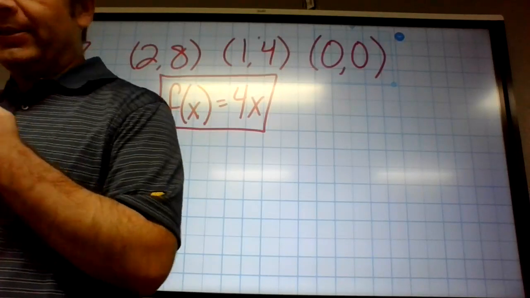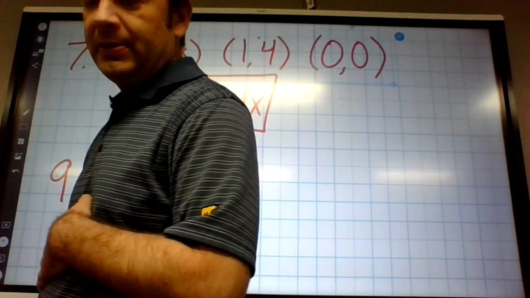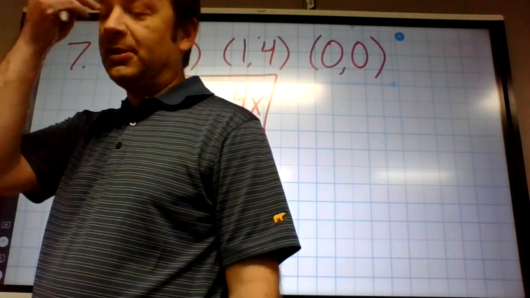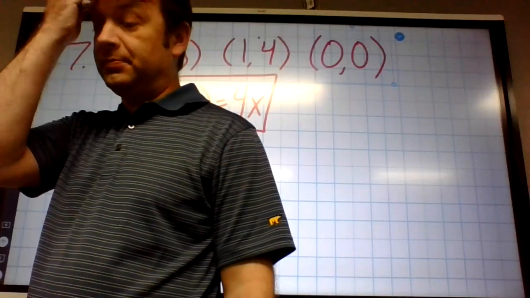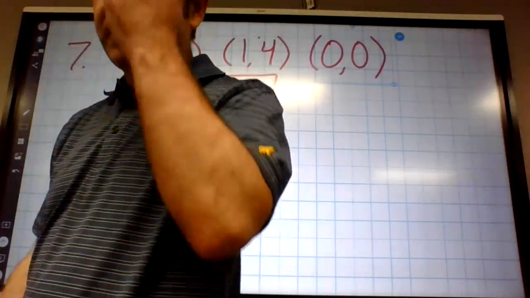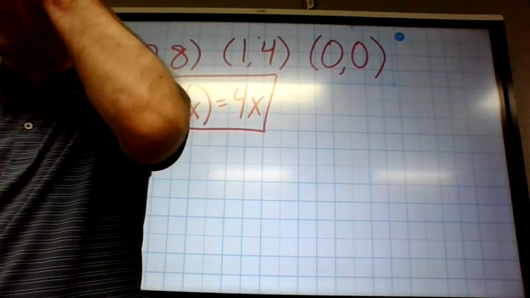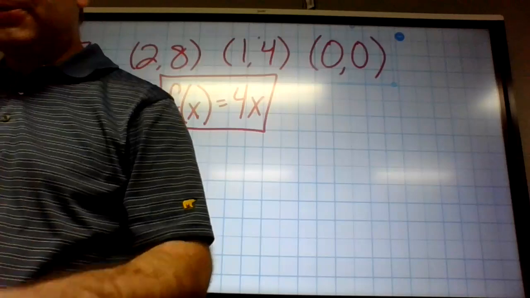Number 9. It's usually a little bit easier because we're better at even or positive numbers. If you look at the positive numbers, it's easier to figure out.